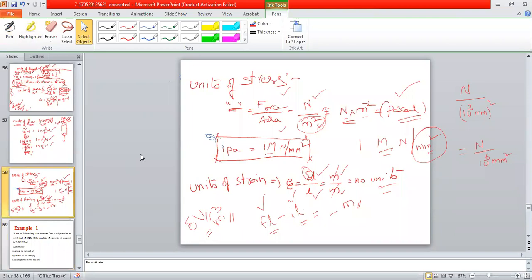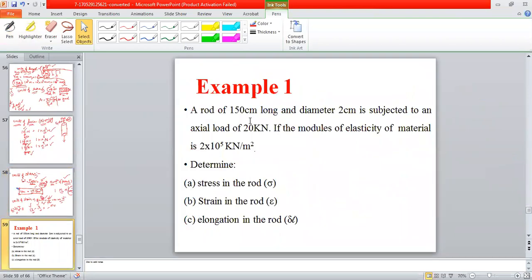So next, a problem on this component. If you read this problem, he is telling that a rod of 150 centimeters long is taken. He has given the length unit in centimeters.